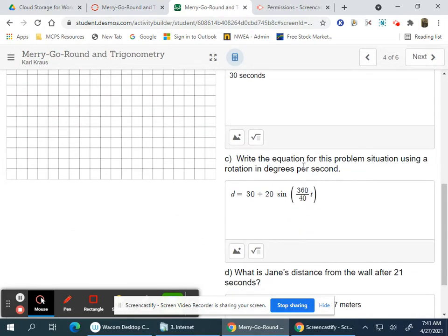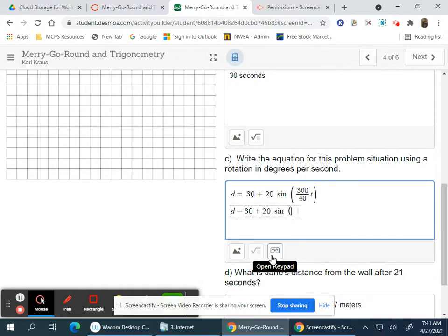And then write the equation for the problem situation using rotation in degrees per second. So distance is 30 plus 20 sine of 360 over 40 t, or if I simplify that, d equals 30 plus 20 sine of 9t.